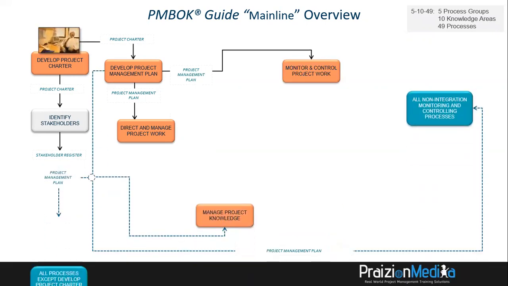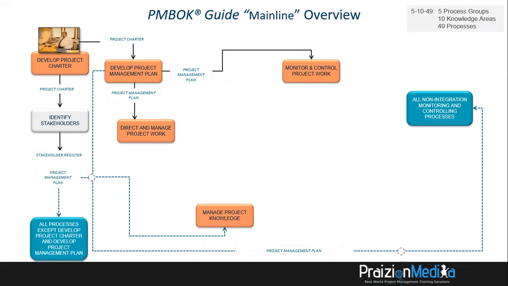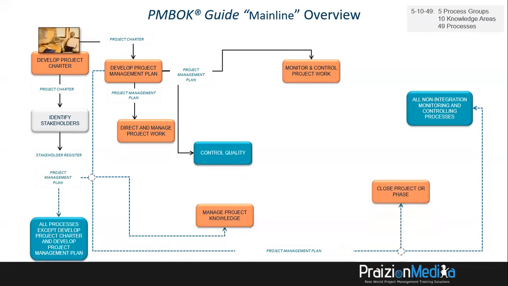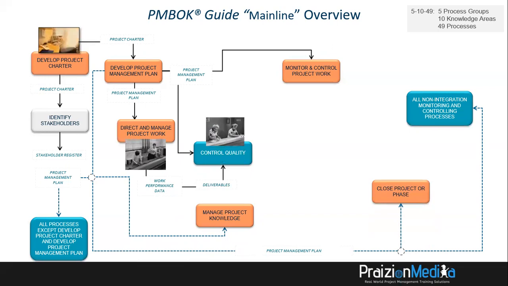You do not need to cram every single process. Instead, you need to understand how they are interwoven at this macro level. The project charter leads into the project management plan, leads into executing. You get work performance data and deliverables that leads into controlling quality and monitoring and controlling processes in general.